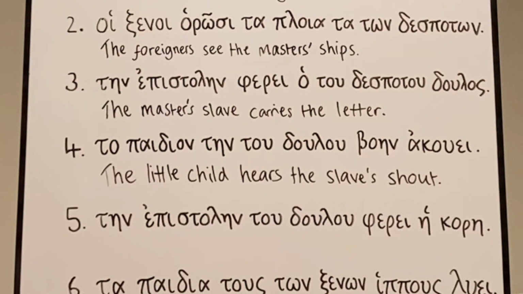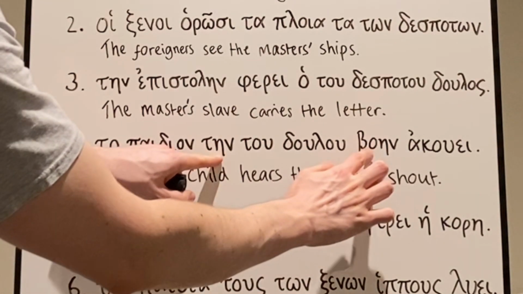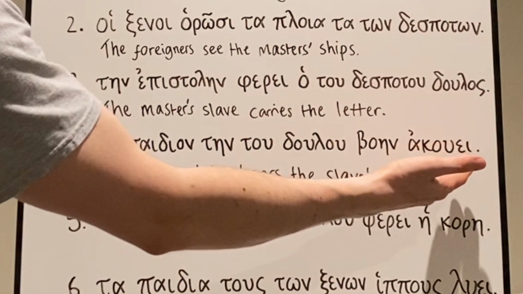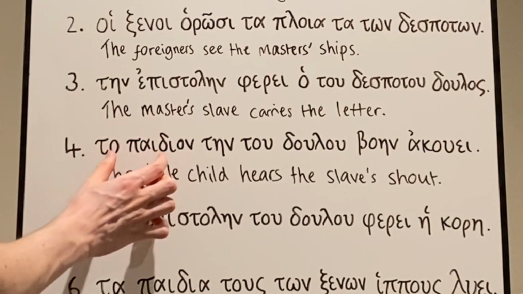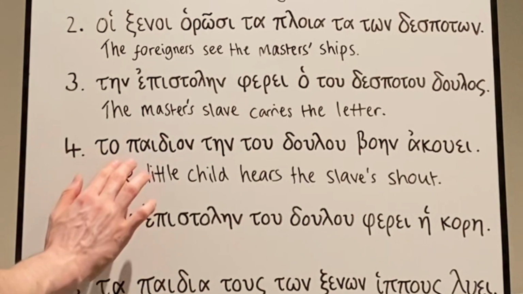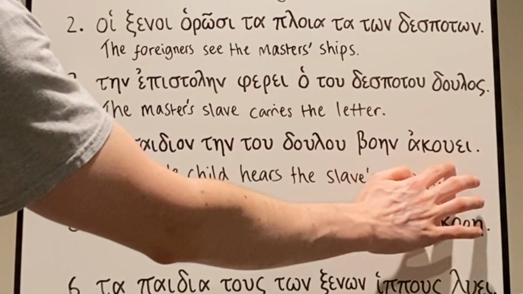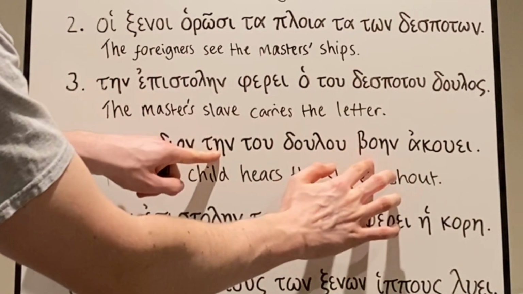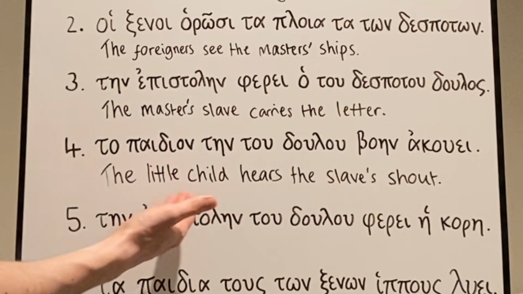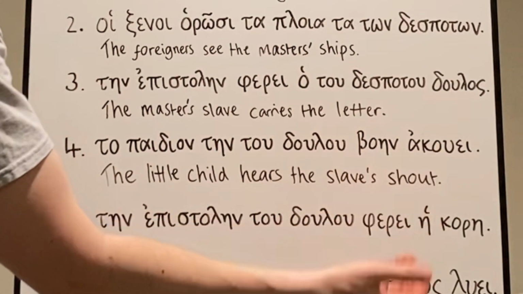And so once we realise that the shout of the slave is the object and he, she, it is hearing it, we know that to paidion must be the subject. It must actually be in the nominative. And so we translate this as the little child hears the shout of the slave, literally, but we would reword that as the little child hears the slave's shout.